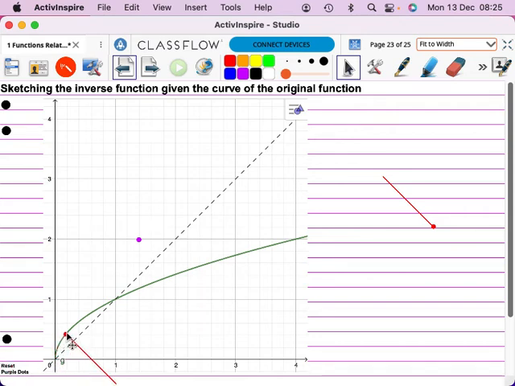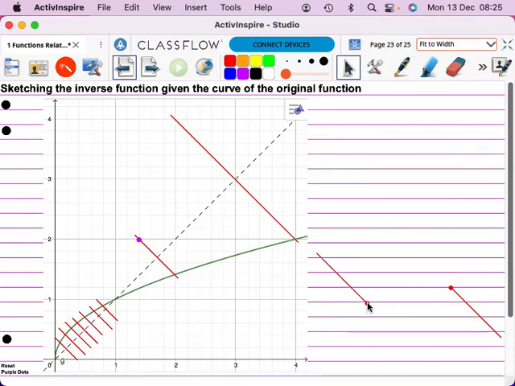Now, to help you visualize this process, I'm going to pretend that I've already drawn the red transformation lines. So what I'm going to put in now is all the red transformation lines. What you see here is what you do. There's your dot. You put a little dot on the curve. You draw the perpendicular to the mirror line.